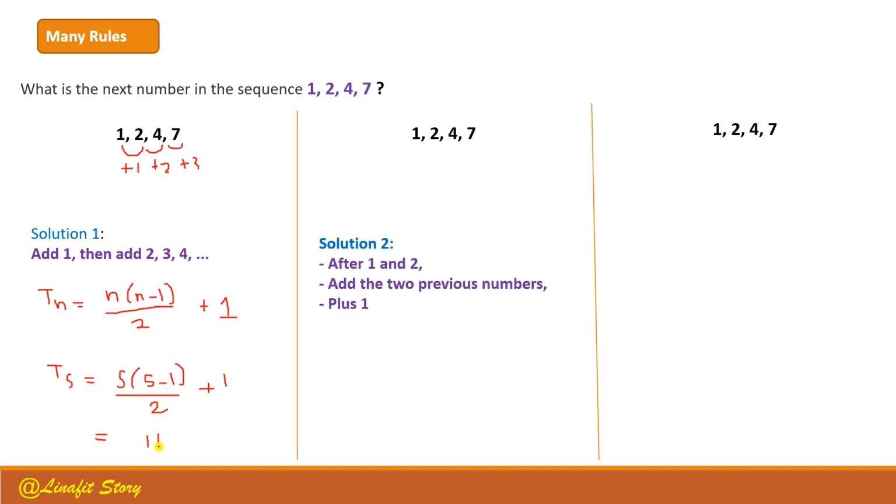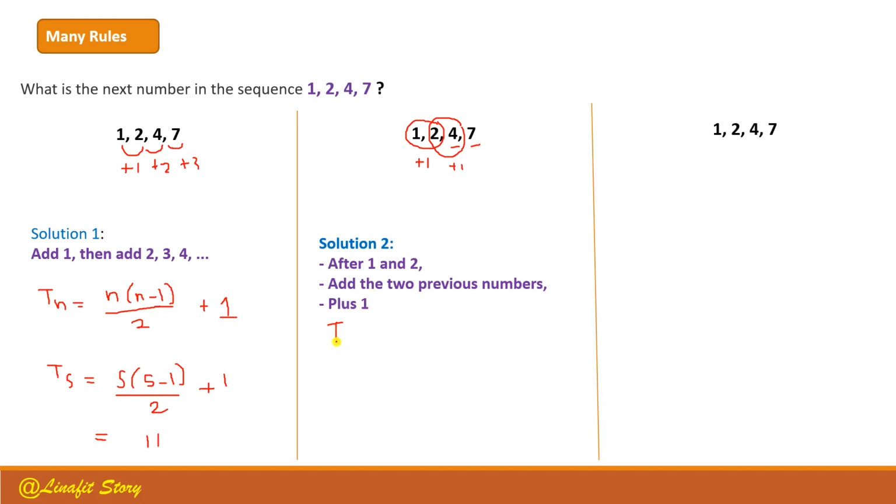The second solution. After 1 and 2, add the two previous numbers, then plus 1. 1 plus 2 is 3, plus 1 is 4. 2 plus 4 is 6, plus 1 is 7.